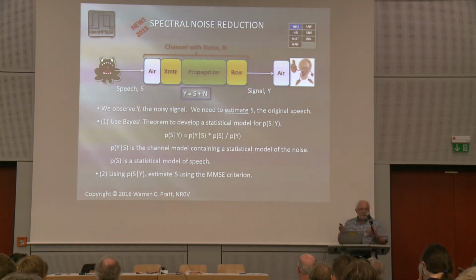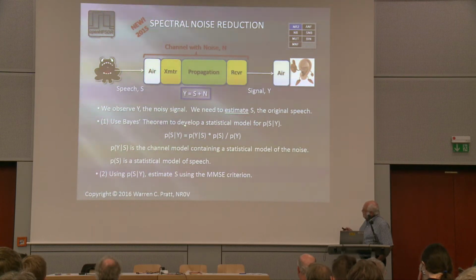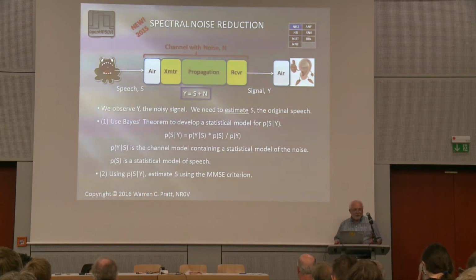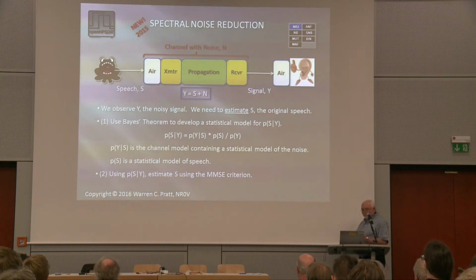It's a probability distribution of the amplitude of S given that we know the amplitude of Y. Well, we don't know how to do that until we look at this equation. The probability, according to Bayes' theorem, the probability of S given Y is equal to the probability of Y given S times the probability of S divided by the probability of Y. Well, believe it or not, now we have something we can work with.